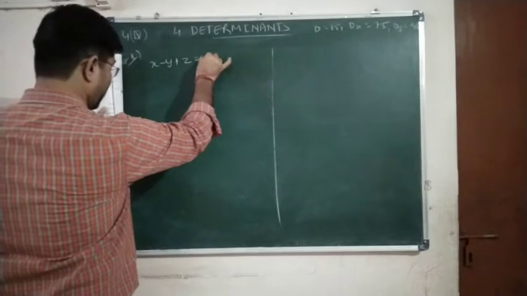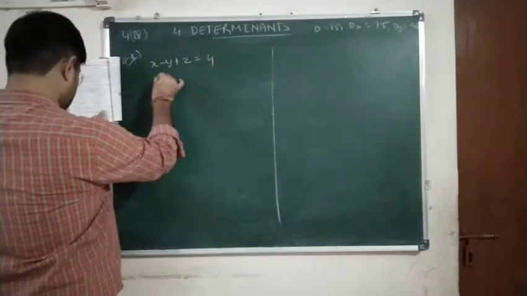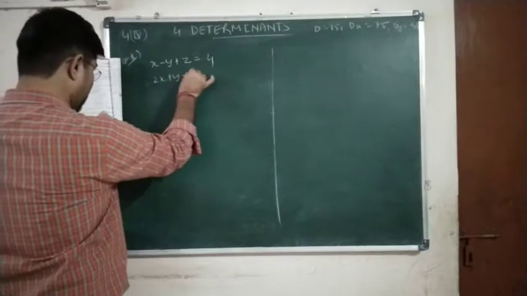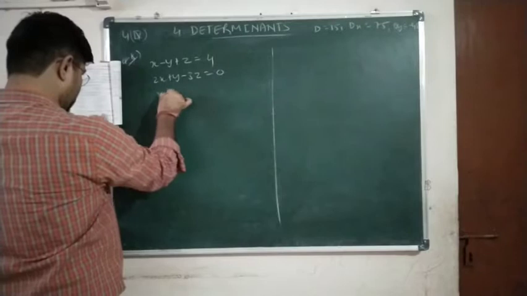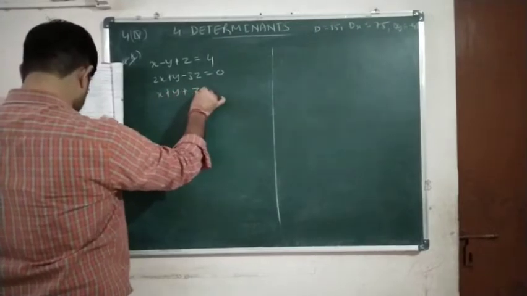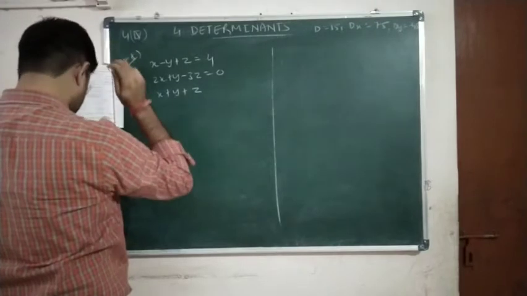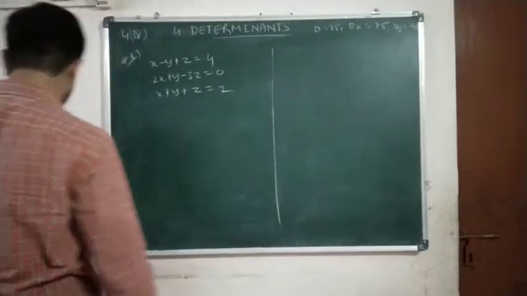So minus 4 we will transpose to the right hand side, so it will be plus 4. Again 2x plus y minus 3z is equal to 0, and x plus y plus z minus 2, if you transpose, you will get plus 2.